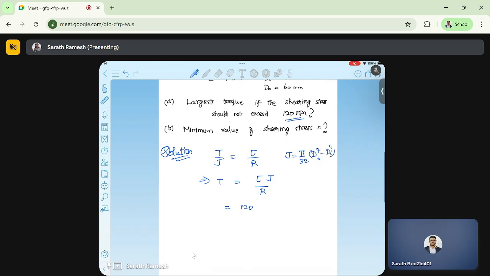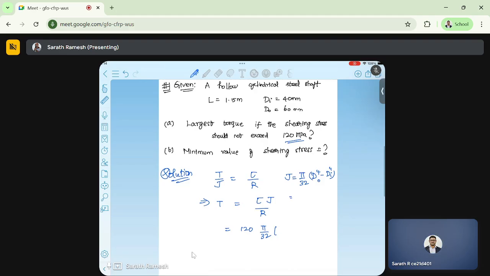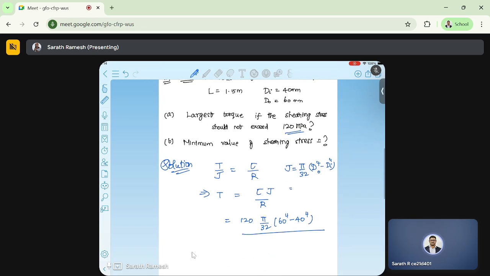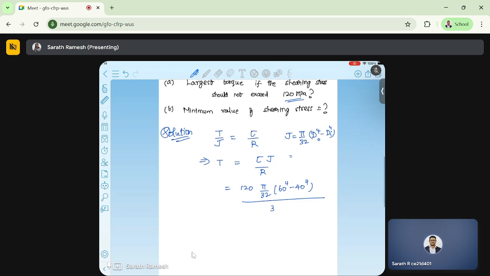So this is equal to pi by 32, 60 to the power 4 minus 40 to the power 4, divided by the radius of the outside surface, that is 60 by 2, which is 30. So 4 into 8, remaining pi by 8, 60 to the power 4 minus 40 to the power 4.